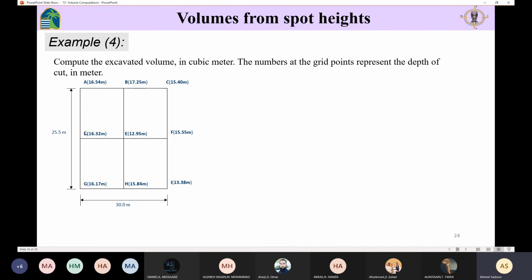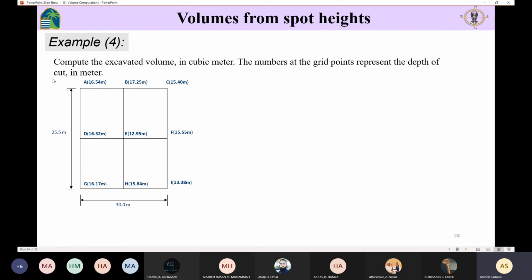We have A, B, C, D, E, F, G, H, and I. This dimension here is 25.5 meters, and this one is 30 meters. We need to compute the excavated volume in cubic meters. Remember here, he says that the numbers at the grid points represent the depth of cut.